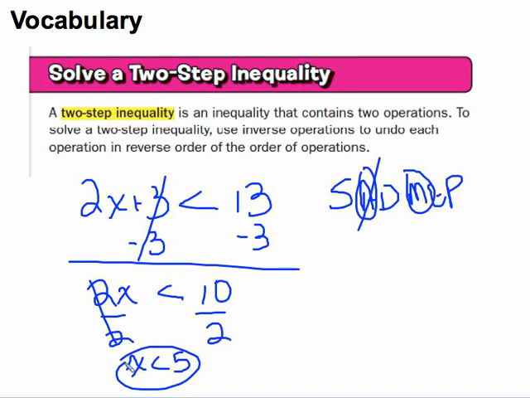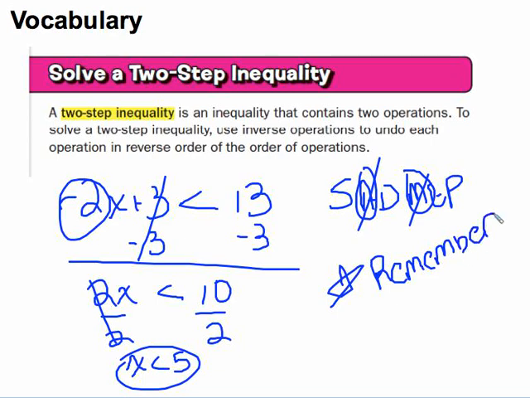We are going to need to remember one thing. I hope you're thinking ahead of me. Well, what do I do if the coefficient is negative? So we need to remember that you flip the sign.